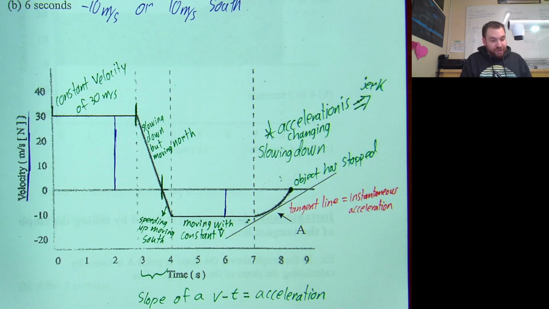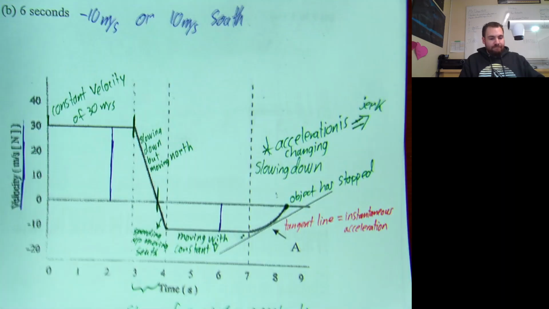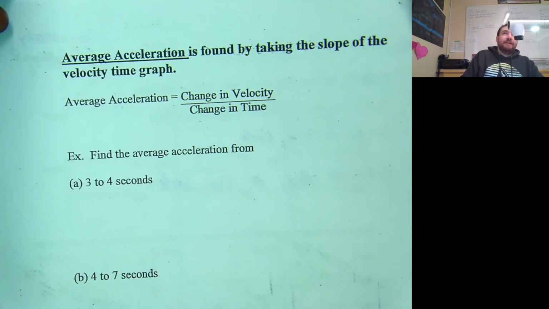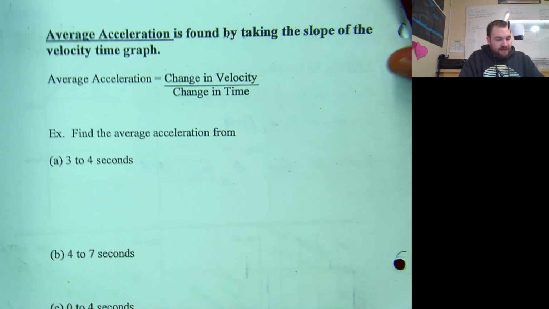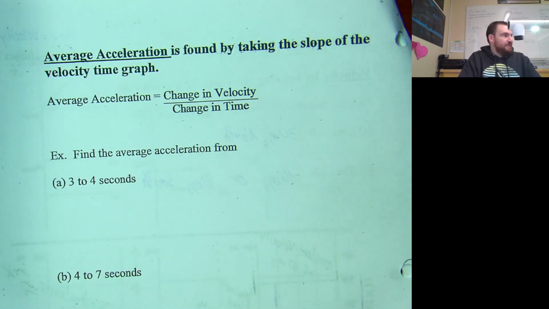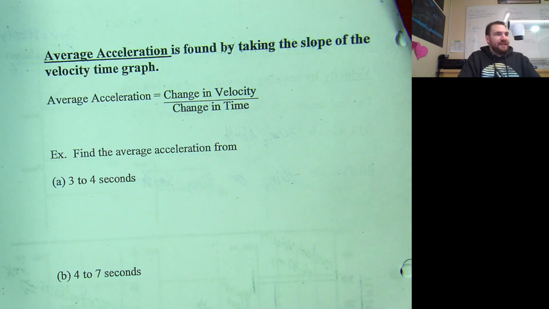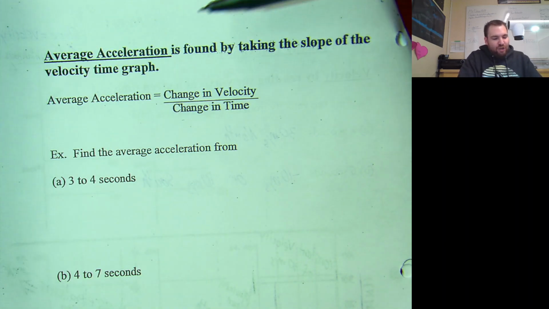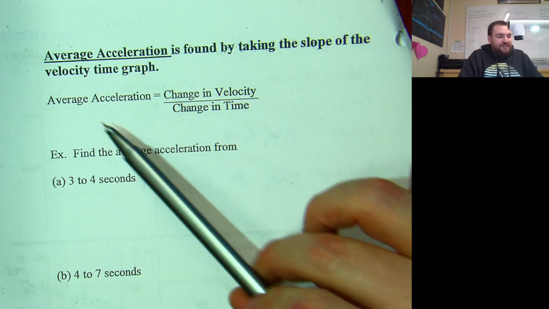Okay, so we've analyzed this. Now we're actually going to flip the page and do some calculations. If you're not seeing what your classmates are picking up, then I need you to accept the fact that average acceleration is found by taking the slope of a velocity-time graph.